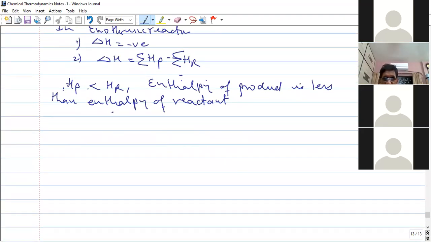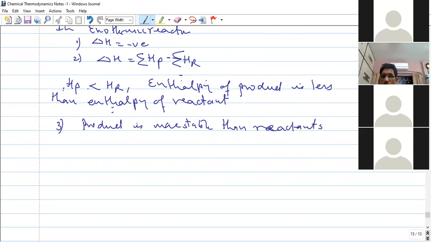The third point, product is more stable than reactant.